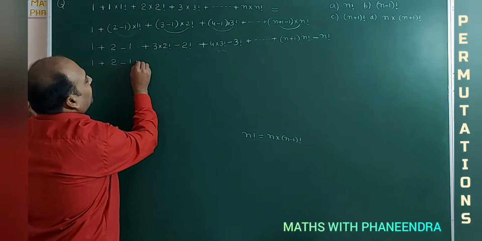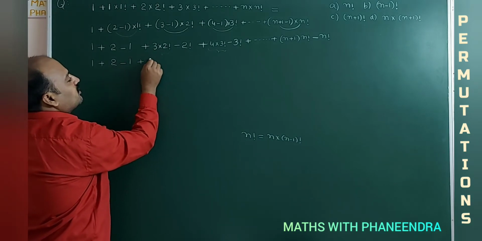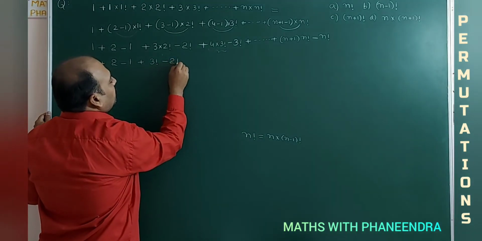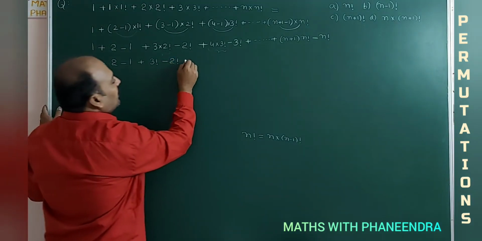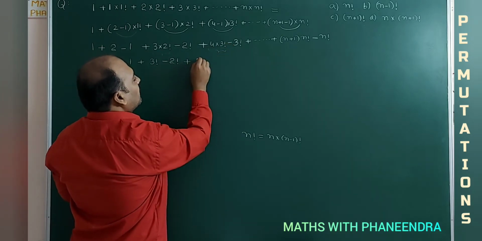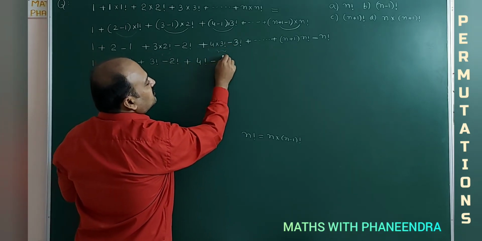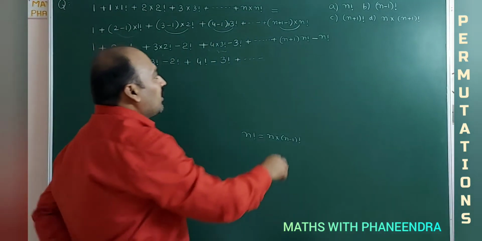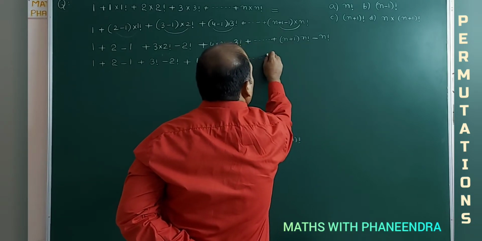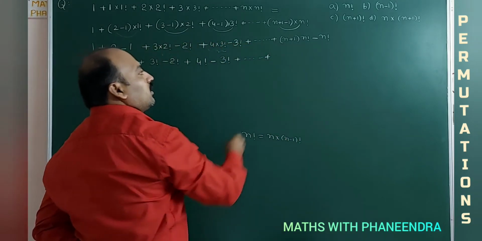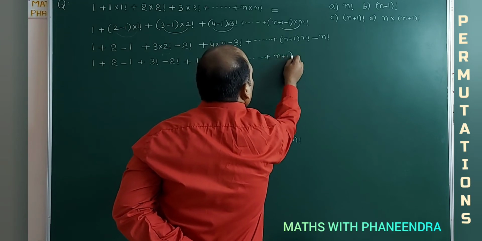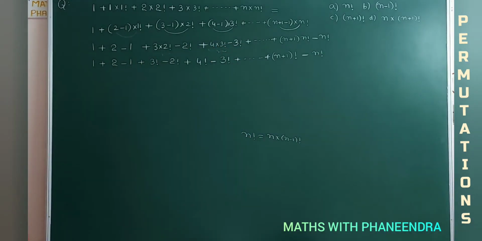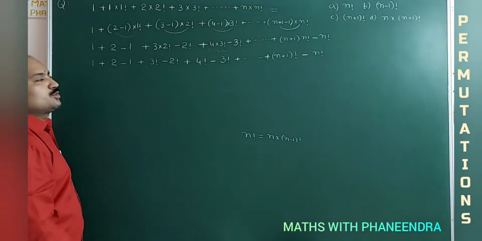So this is equal to 3 factorial minus 2 factorial, plus 4 into 3 factorial is 4 factorial minus 3 factorial, plus and so on, up to n plus 1 factorial minus n factorial.